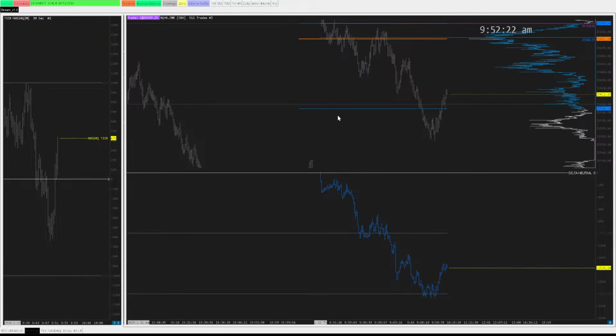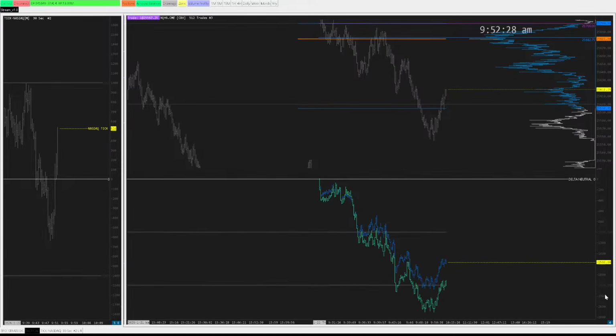So let me turn on these guys. The blue line is trades delta, the teal line is volume delta. Usually I have them looking something like this.